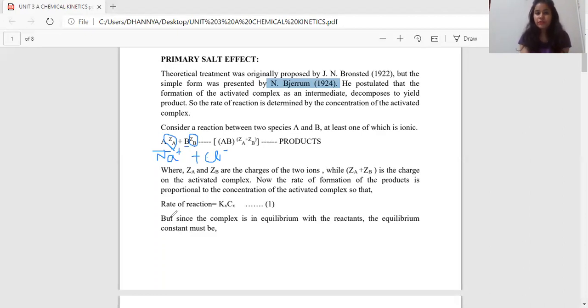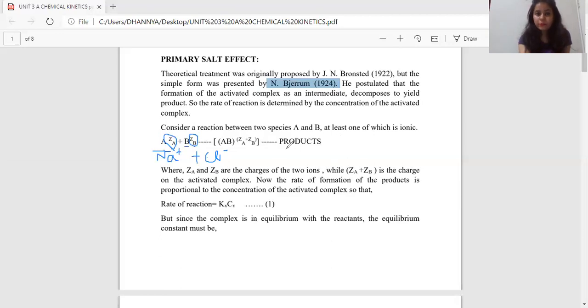So according to the modification done by Jerome in the year 1924, he suggested that if I'm taking a reactant with some particular charge and reacting it with B, which has another, obviously opposite, charge, they cannot directly form the product.